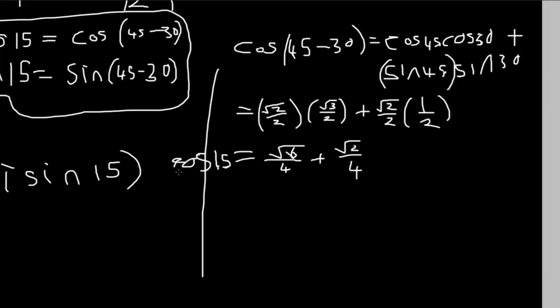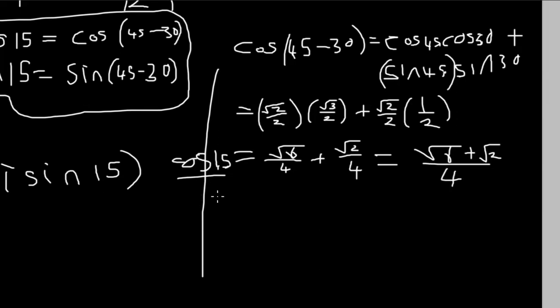Let me just write it properly. Okay, so cos 15 is equal to, this is our answer. You can even simplify it further to say it's root 6 plus root 2 over 4.